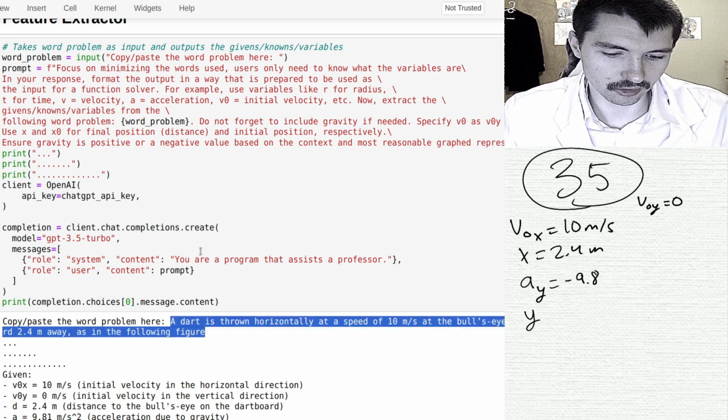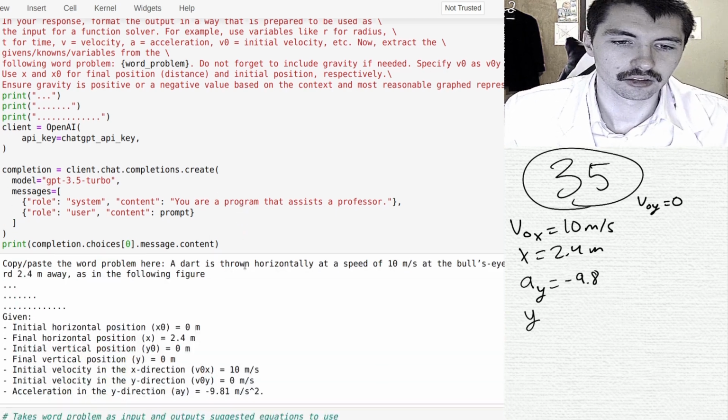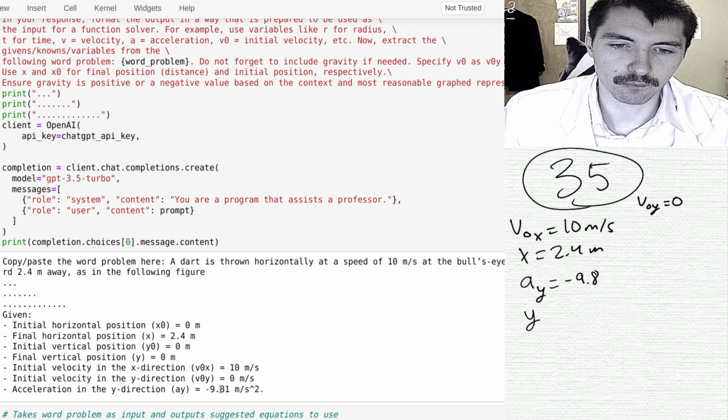Okay, let's see if this changes any of our answers. Okay, so now I've fixed it, so now it says negative 9.8.